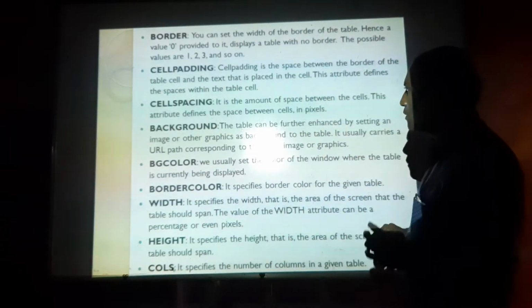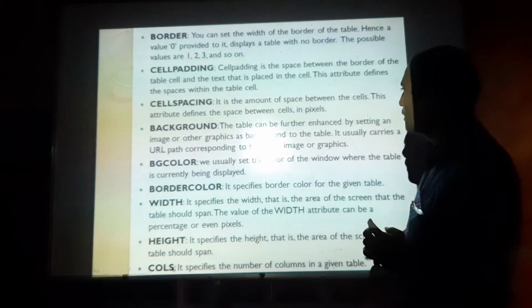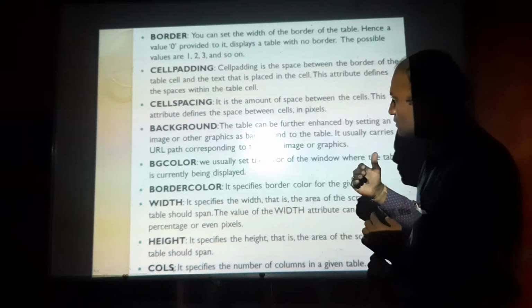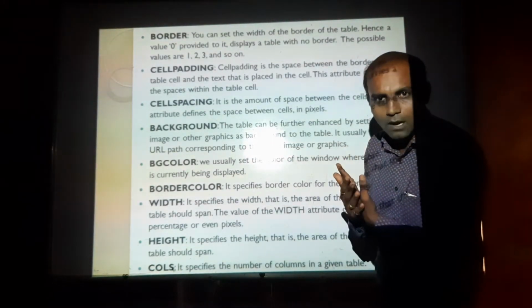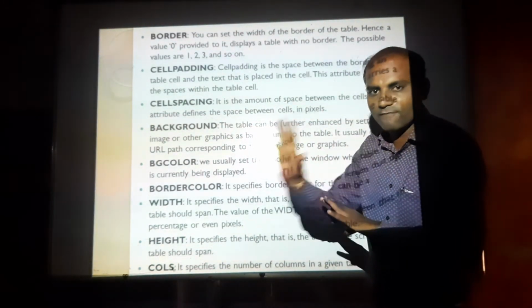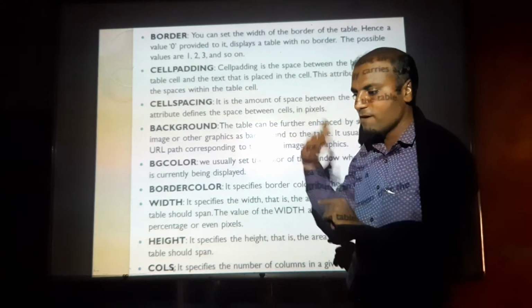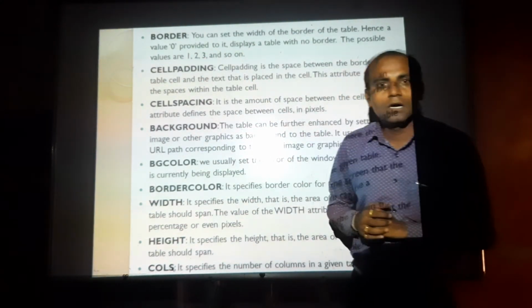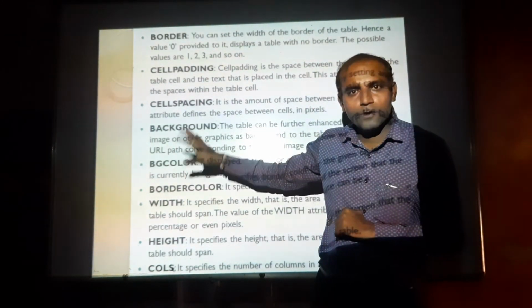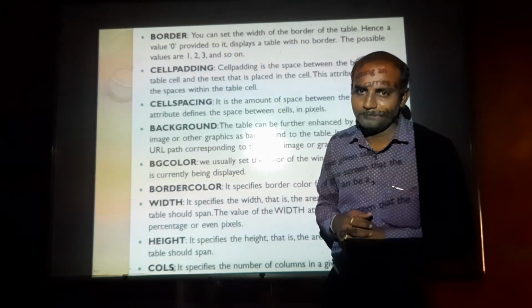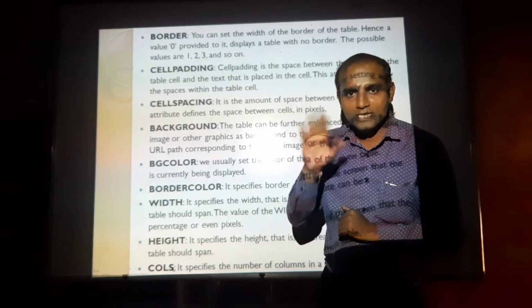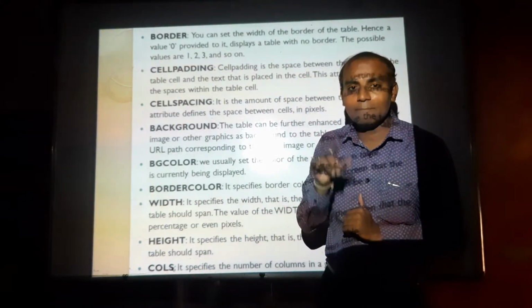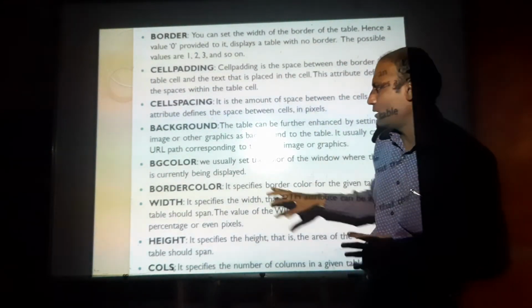The background attribute is used to set the background for your table, not for the entire web page, because for the entire web page we use the background attribute in the body tag. Whereas when this background is used in the table, we can apply the background for the table.